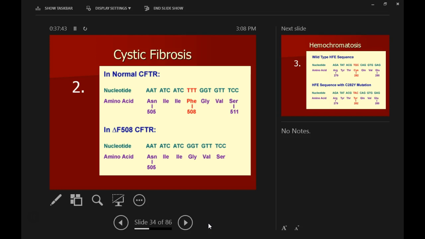If you discover you're a carrier and you discover your potential spouse is a carrier, then you may want to consider another form of reproduction, because you have a 1 in 4 chance. I had a student several years ago who had no idea that she was a carrier, and her husband had no idea that he was a carrier, and their first child had cystic fibrosis. So, a good idea to get checked.